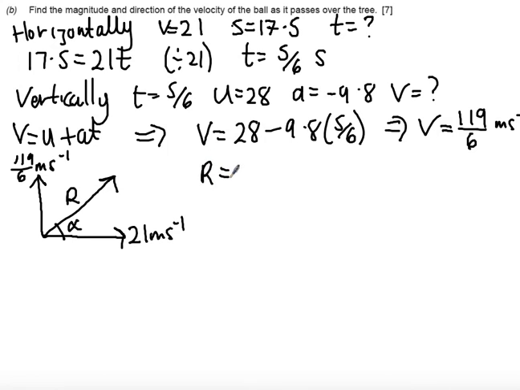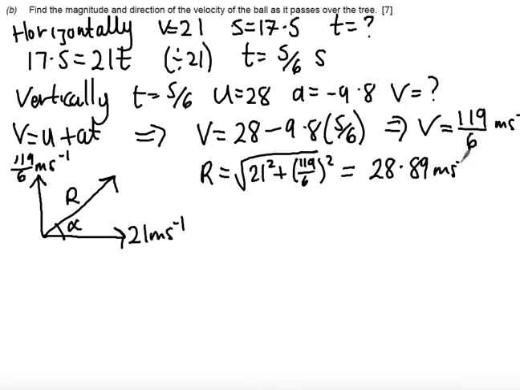So R is given as the square root of 21 squared plus 119/6 squared. If we put this into our calculator and work through this, you get an answer of 28.89 meters a second to 2 decimal places. Finally, I want to know what the direction of this is.